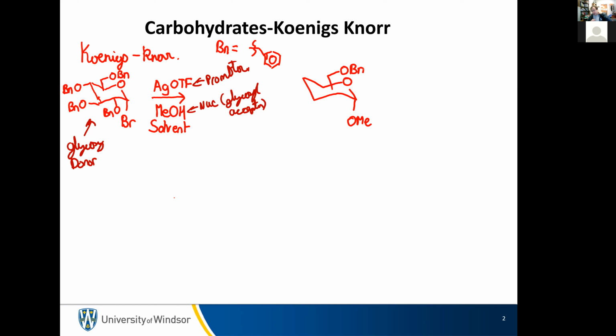Note what I'm doing is drawing from the middle of the sugar ring, instead of attaching to a vertex like the C6 group. That just means every other position is benzylated. And since they didn't indicate any stereochemistry anywhere there, we assume it's glucose. Glucose is the default.